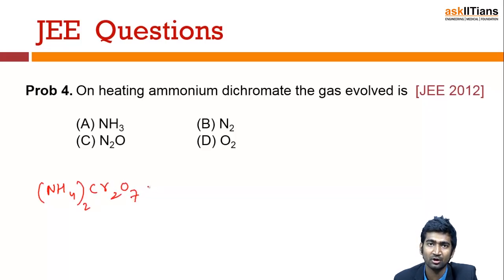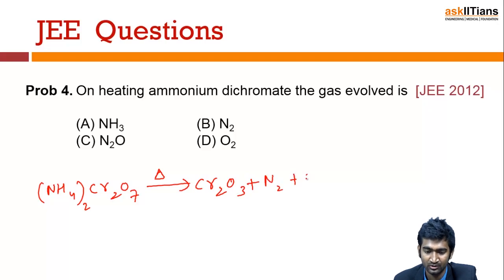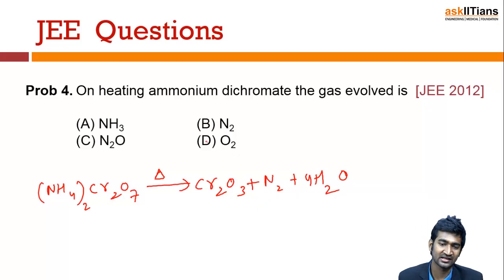This is ammonium dichromate. If it is heated, it will give Cr2O3 plus N2 plus 4H2O. I hope you remember this equation. Obviously here nitrogen gas is getting produced. So the gas which is evolved is nitrogen gas.